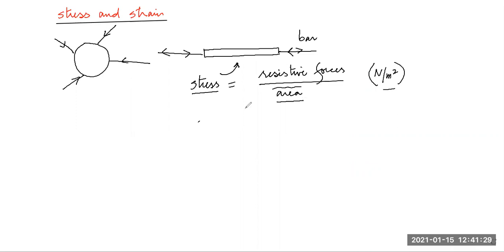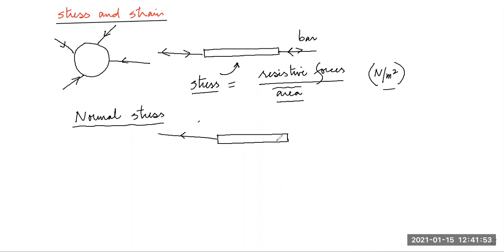Now, what are the types of stresses? So, first we have normal stress. It all depends upon how the external forces are being applied. Students, let's say we are having a bar and we have applied the tensile force.